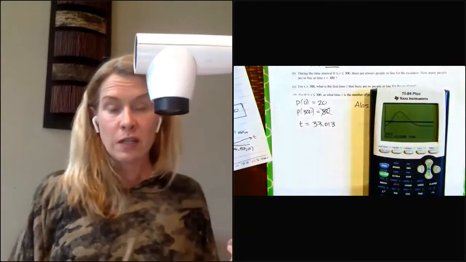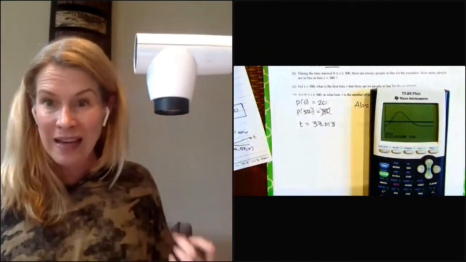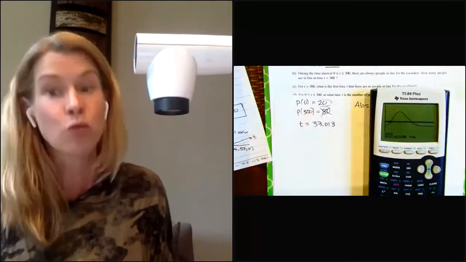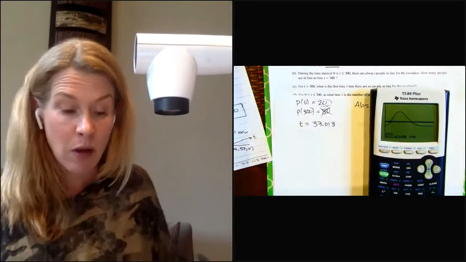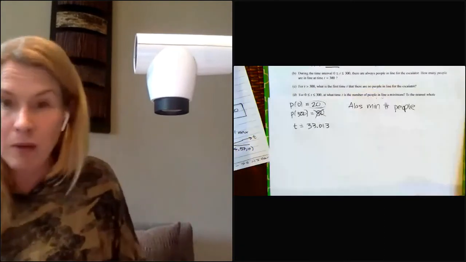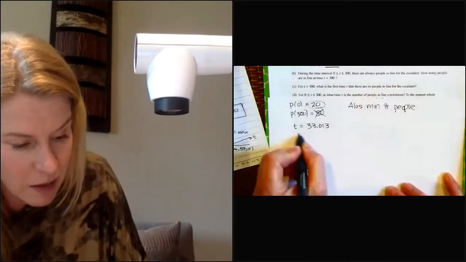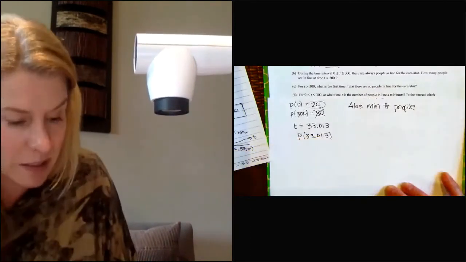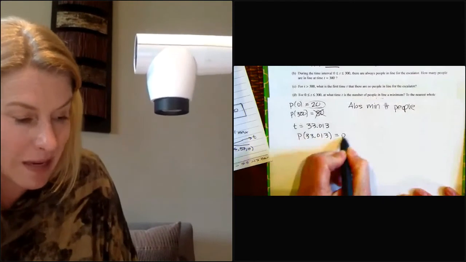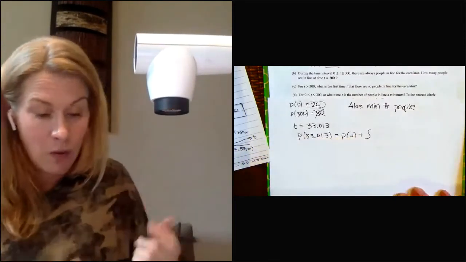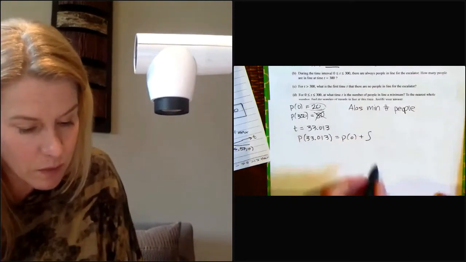And then the question is the number of people in line at that point less than 20? If it's less than 20, then that's our minimum number of people. Otherwise, 20 would be our minimum. Well, once again, to figure out how many people are in line at time 33.013, we have to use that accumulation idea, taking P of 0 and then adding, just like we did before, our rate of change of people.